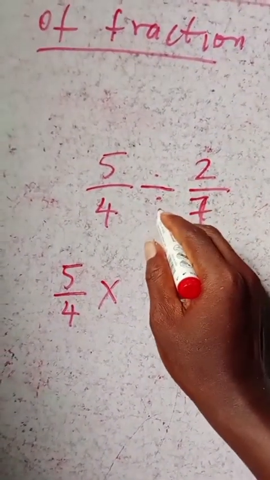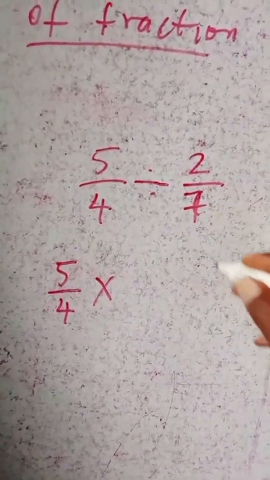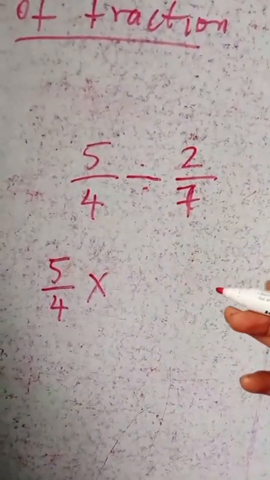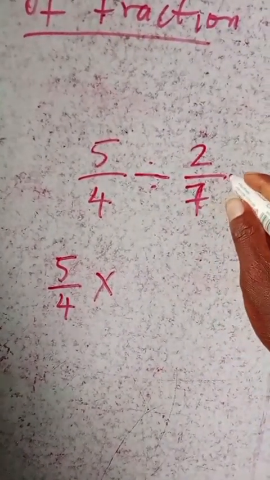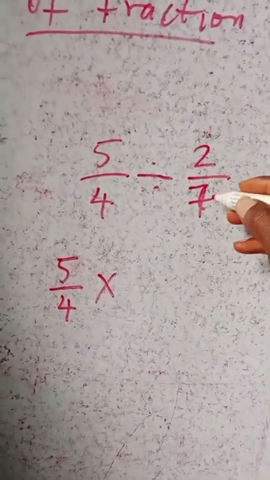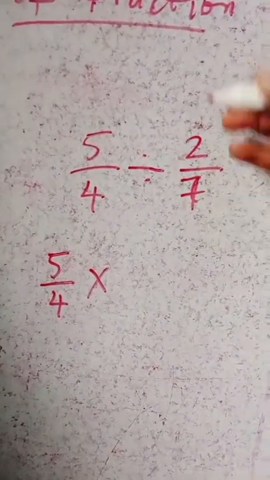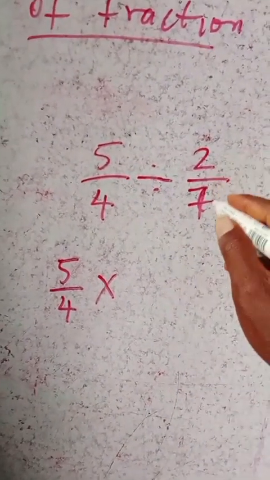The change here will affect the next fraction to be inverse. So we are going to get the inverse of this fraction, which is 2 over 7.